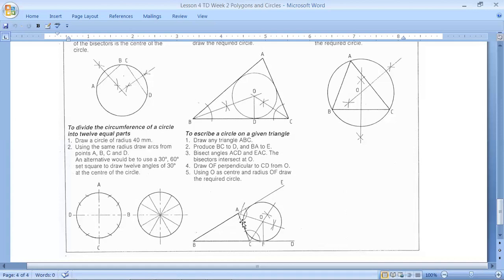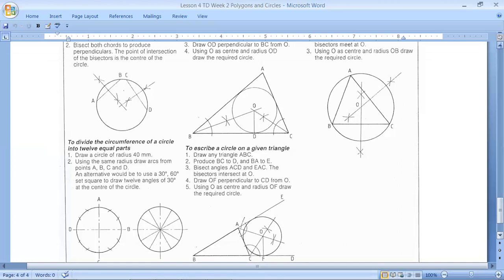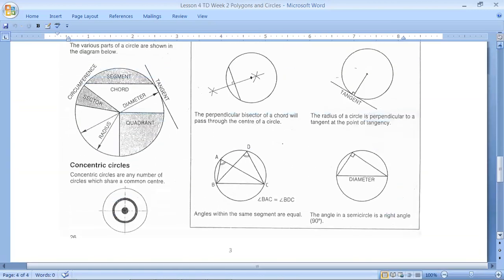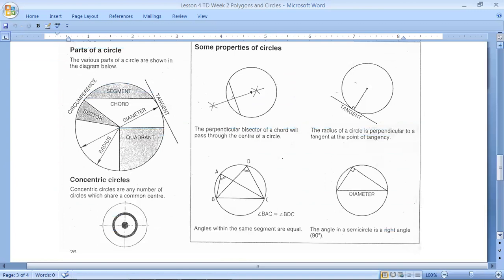This is the method. Before we go, I want to mention here the parts of the circle. The outside line forming the circle is called the circumference line.